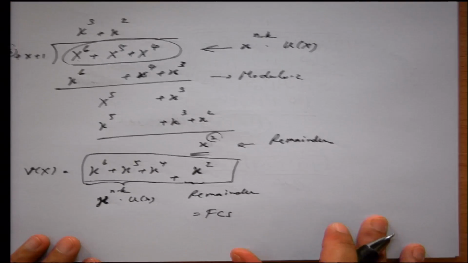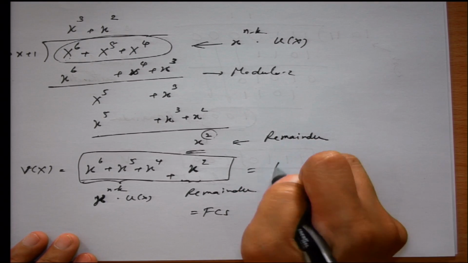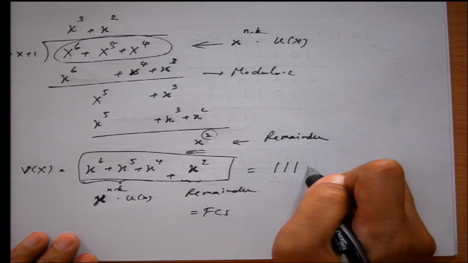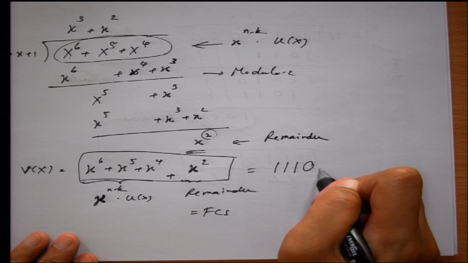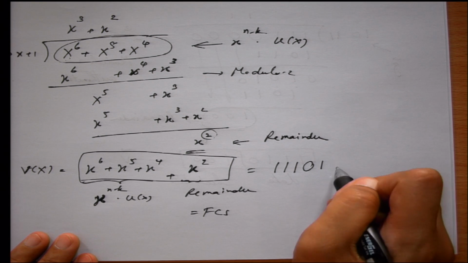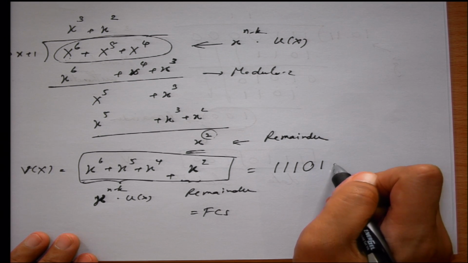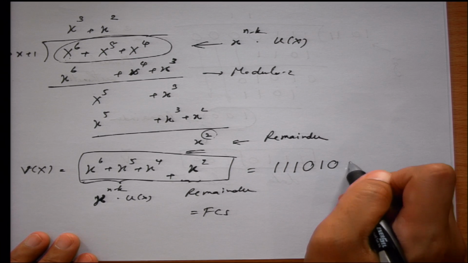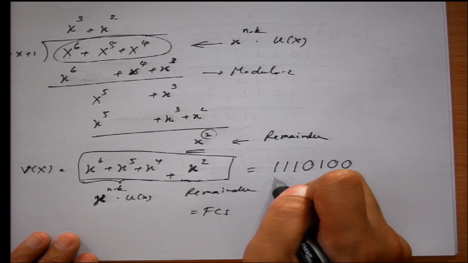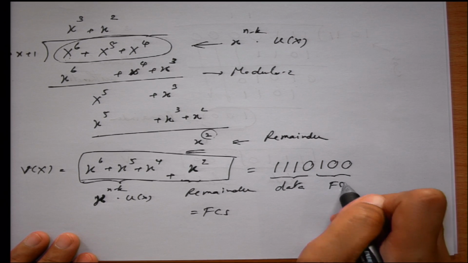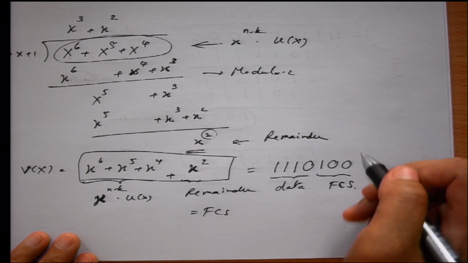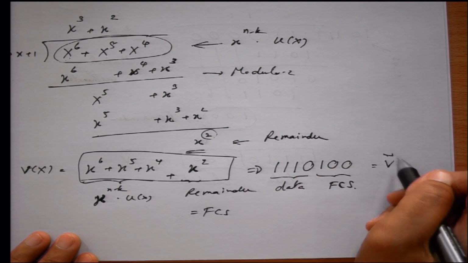And in binary format, this is x to the 6th, x to the 5th, x to the 4th, x squared, you don't have x cubed, and you don't have x and x to the 0. So this is the data, the frame check sequence, and this is the code word in binary form.